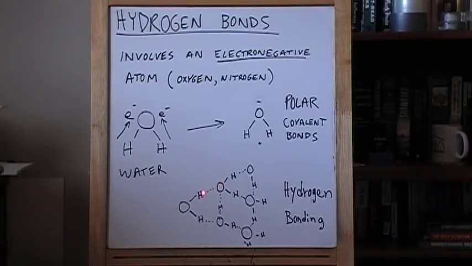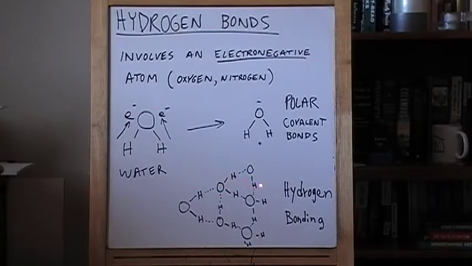And so you have a kind of electrostatic interaction between the electronegative oxygen and the hydrogens, which are not electronegative and tend to be slightly positively charged, and the oxygen slightly negatively charged. So there's an electrostatic interaction there.